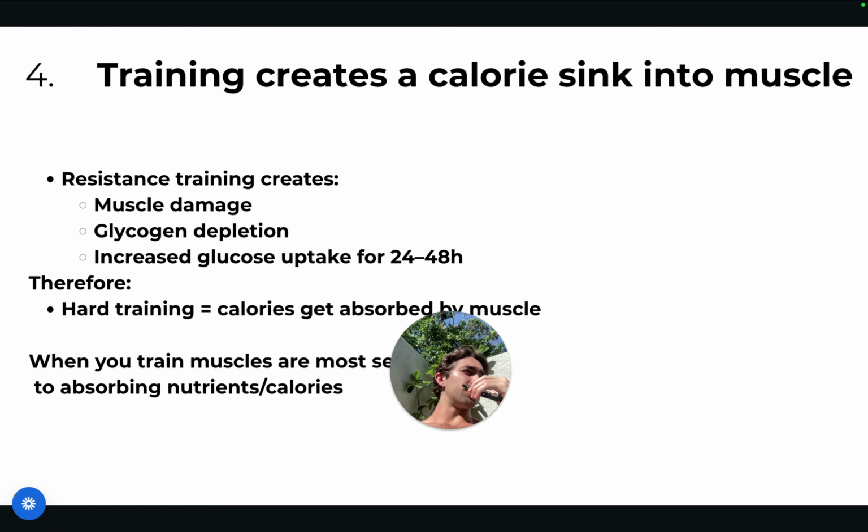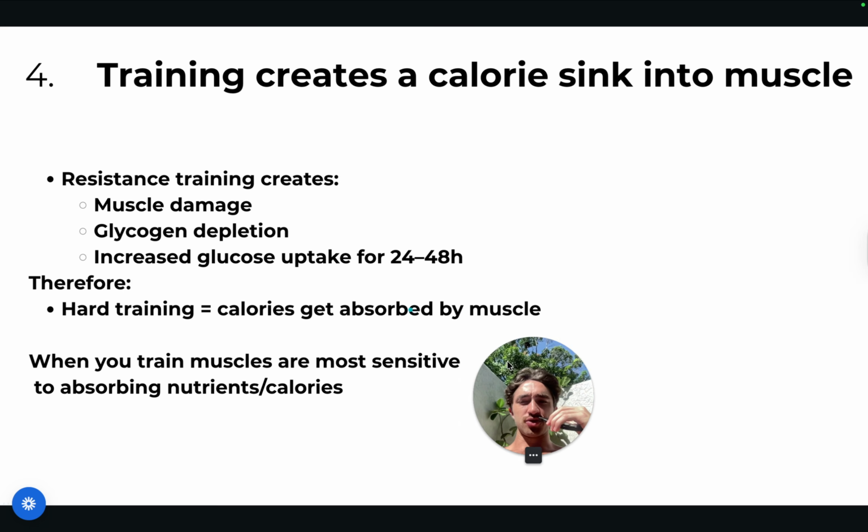So if you have a ton of calories and nutrients, it's going to be biased more towards fat storage because there's no demand for muscle uptake and no glucose transporting nutrients into the muscle cells. So basically, hard training equals calories get absorbed by the muscle. When you train, muscles are most sensitive to absorbing nutrients and calories. Just train to make your muscles sensitive to food that's coming in.